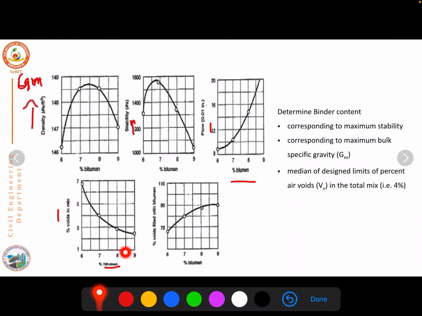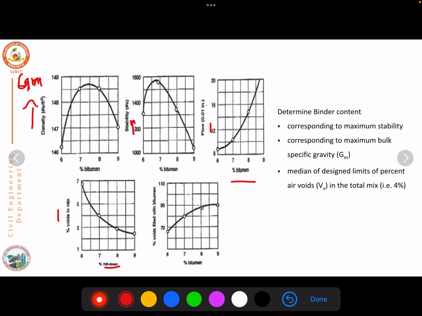And as the binder content increases, the percentage of voids filled with bitumen increases. So these are all the representative graphs.